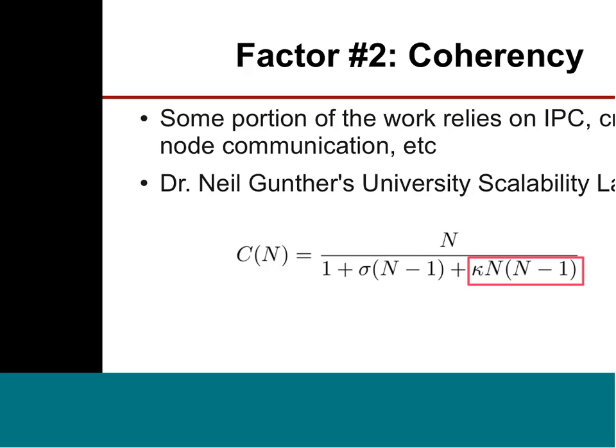So that grows, at some point, even more quickly than the throughput of a linearly scalable system would grow. So we have two coefficients of the two terms in the denominator here, sigma and kappa. Sigma is the serial portion, kappa is the portion that requires some coordination among the workers.